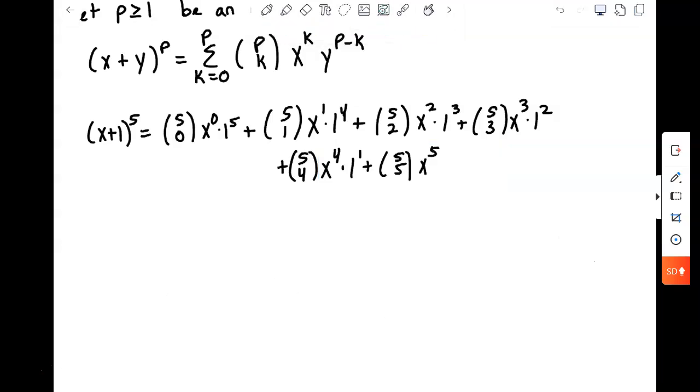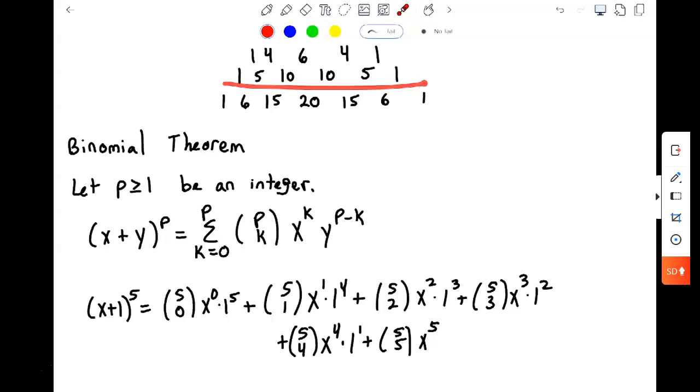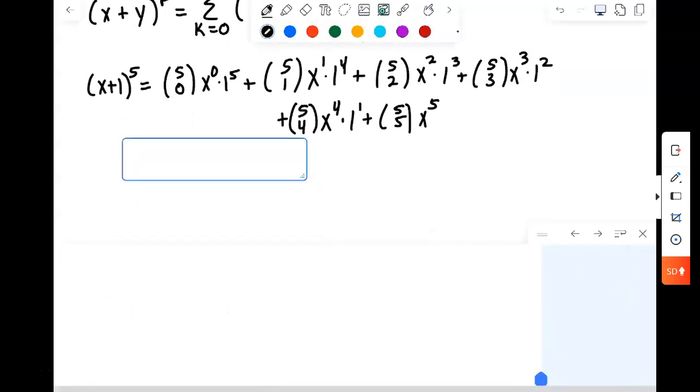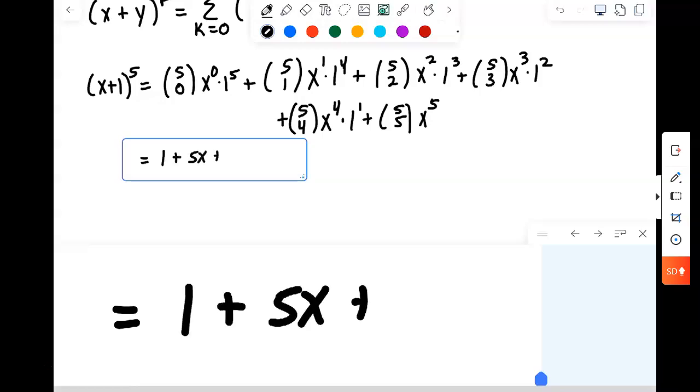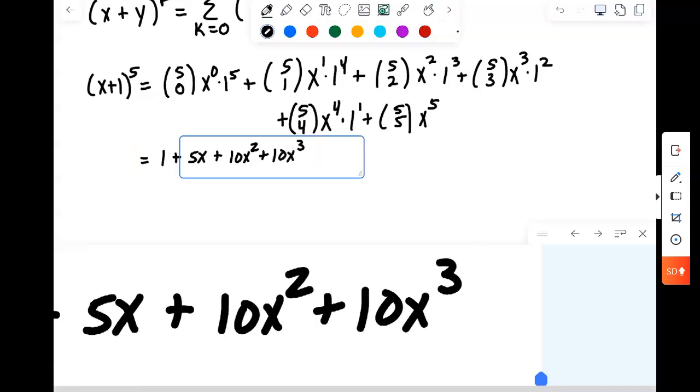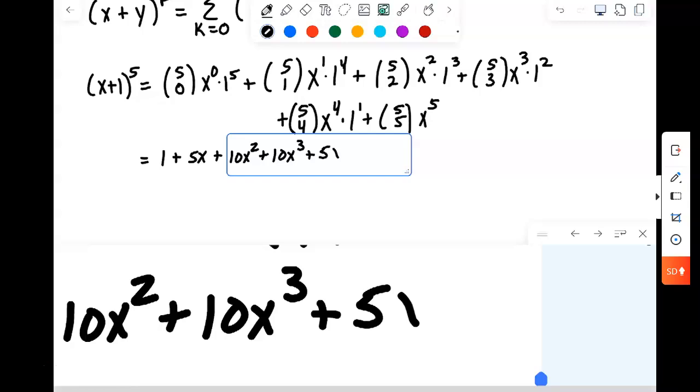Now, instead of computing all these, we can just go up to our 5th row and read off those coefficients, because those are the binomial coefficients for 5: 5 choose 0, 5 choose 1, 5 choose 2, 5 choose 3, 5 choose 4, and 5 choose 5. And so using that, we get our result that x plus 1 to the 5th is 1 plus 5x plus 10x squared plus 10x cubed plus 5x to the 4th plus x to the 5th.